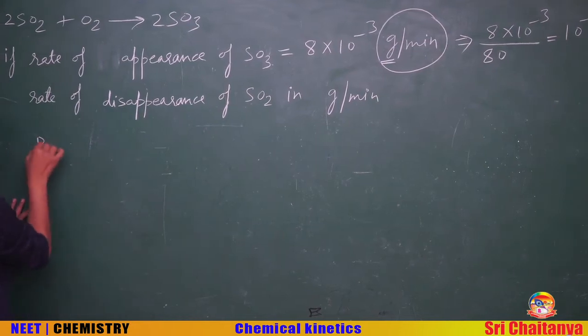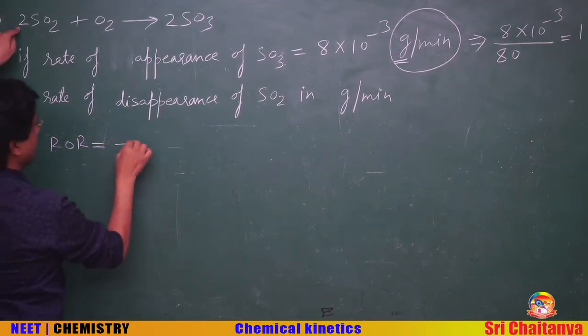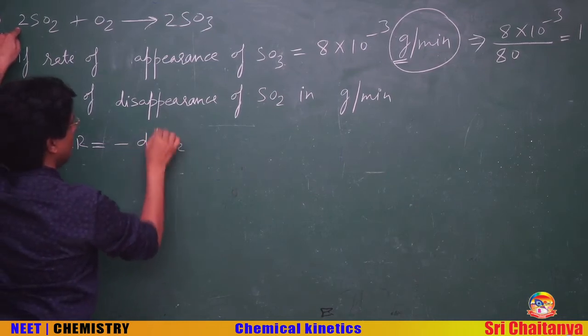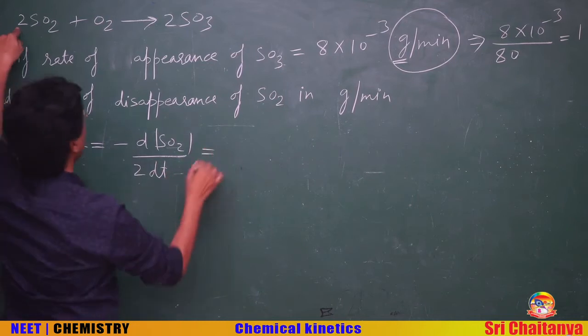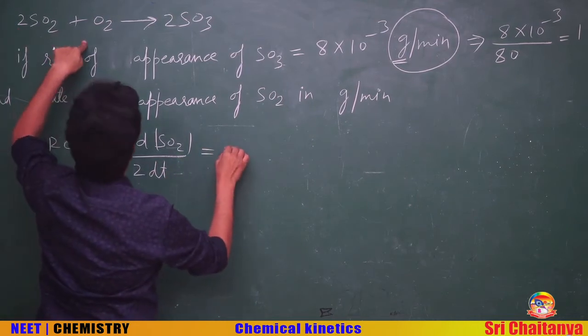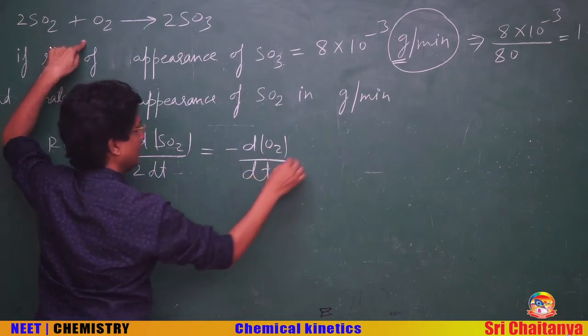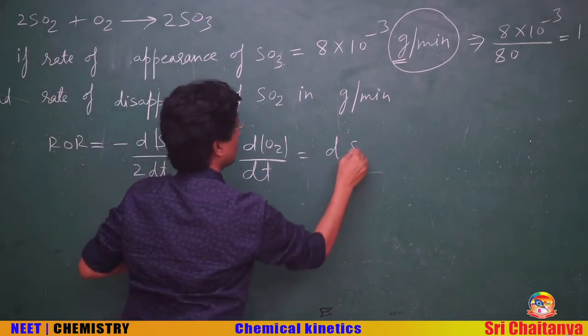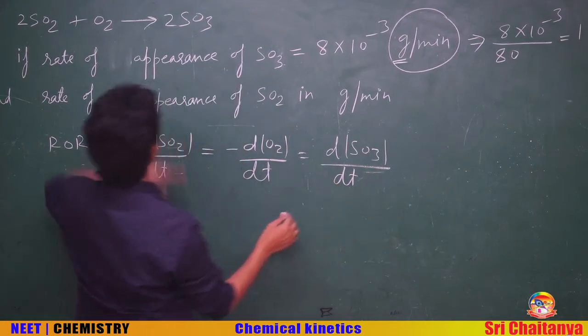Now I know that the rate of reaction can be written as minus of dSO2 by 2 dt should be equal to minus of dO2 by dt should be equal to dSO3 by the stoichiometric coefficient, which is 2.